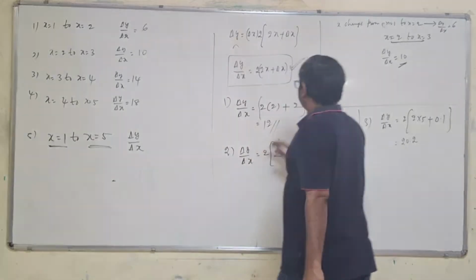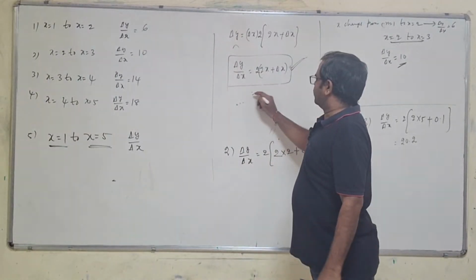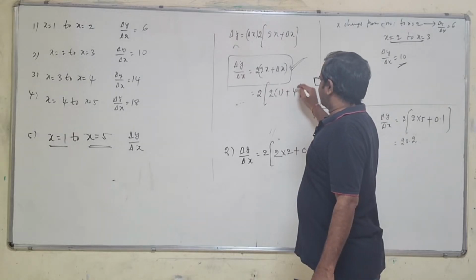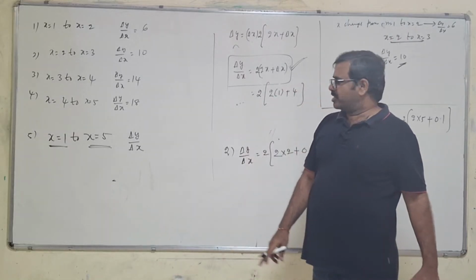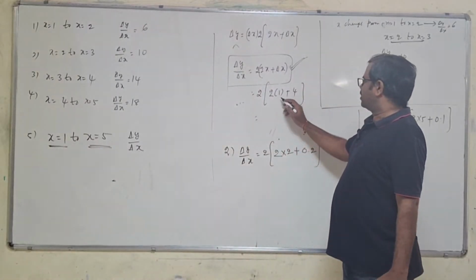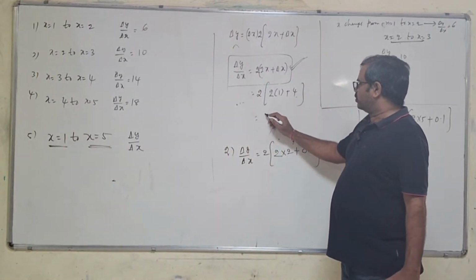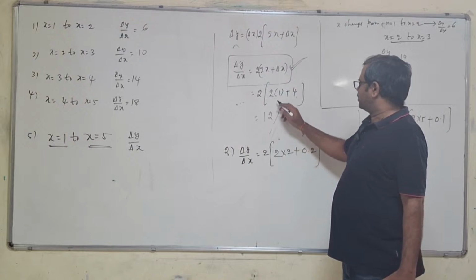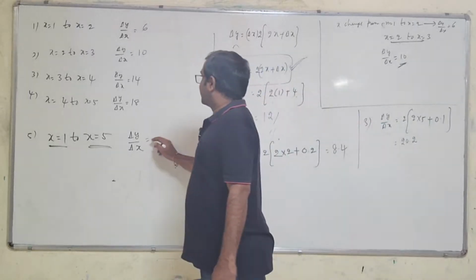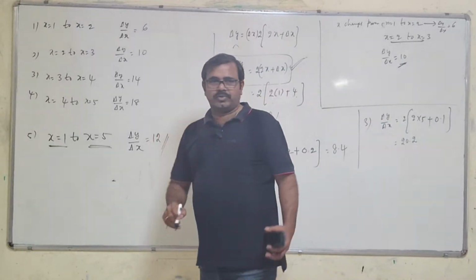Correct? From x is equal to 1 to x is equal to 5, 2 into 1 plus what is delta x? What is delta x? 4. So what are we getting? 6 into 2, 12. Delta y by delta x is equal to 12.